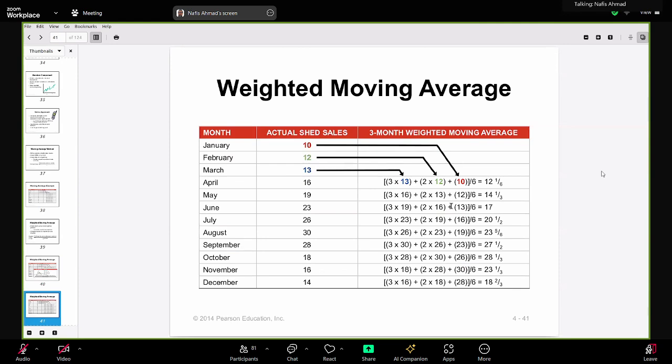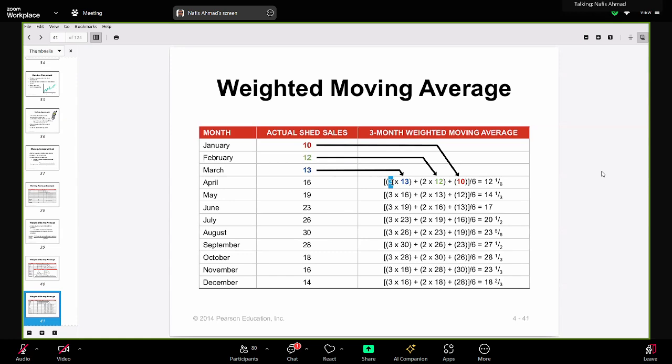Now, to calculate the weighted moving average, 3 into 13, where 13 is the last immediate past month's sales. We are forecasting the demand in April, so we give more importance to the demand of March, then February, and the least importance to the sales of January.